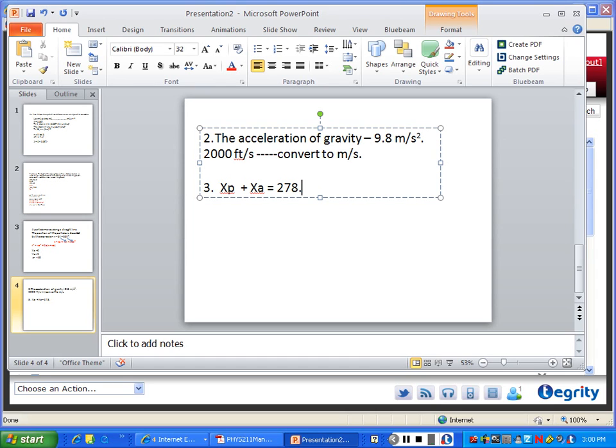And since each one is traveling at constant speed, the distance they travel can be related through x equals v times t, right? Okay. I think I'll leave that one at that.